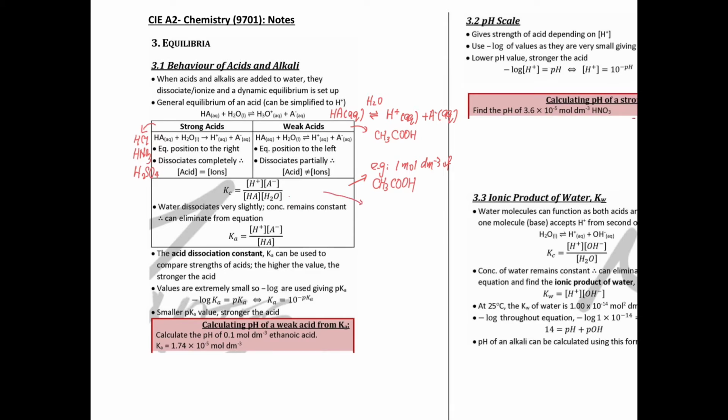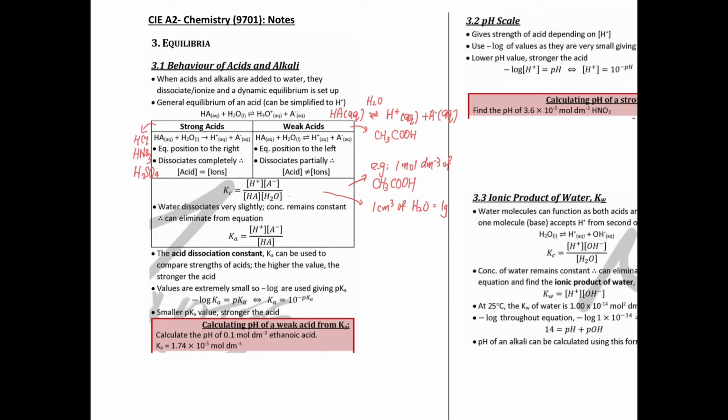So what is the concentration of H2O in a normal solution? You think like this: we know that 1 cm cube of H2O is equal to 1 gram. To change it to mole per dm cube is not too hard.